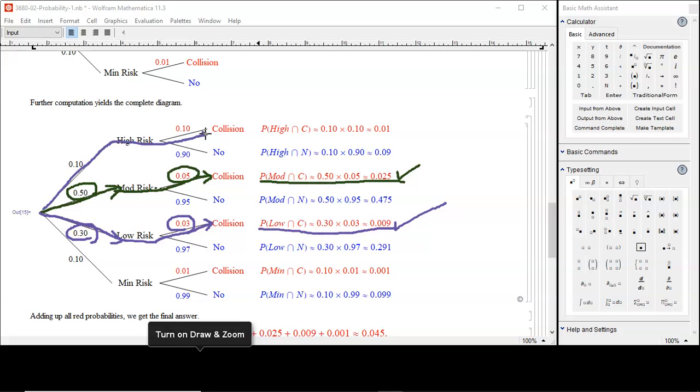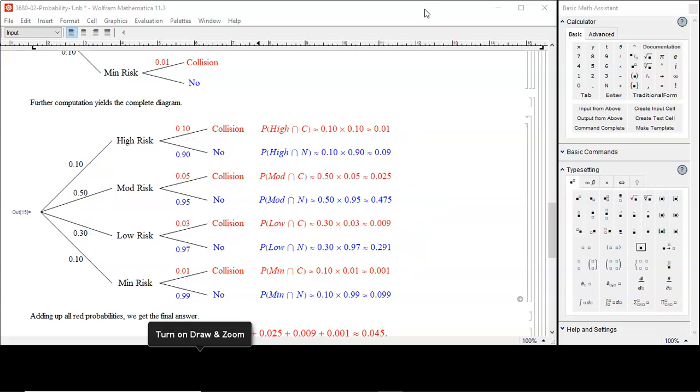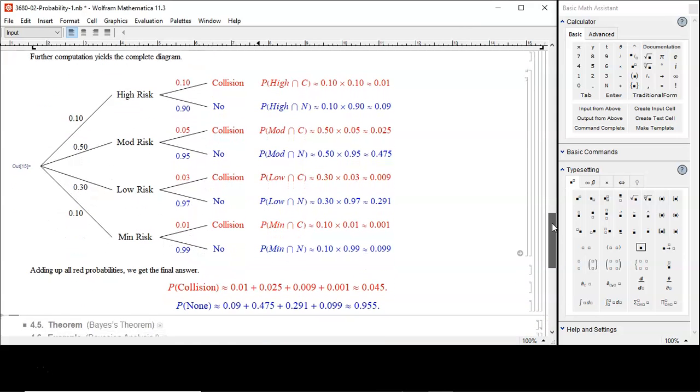So high risk drivers. So we get this multiplication rule. And finally minimum risk drivers, just following the path. So multiplication rule. So we have these 4 multiplications done, and then add them all up. And that's what we see here, down here, for collision.